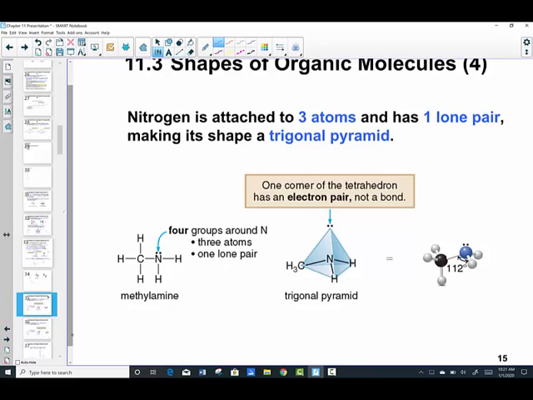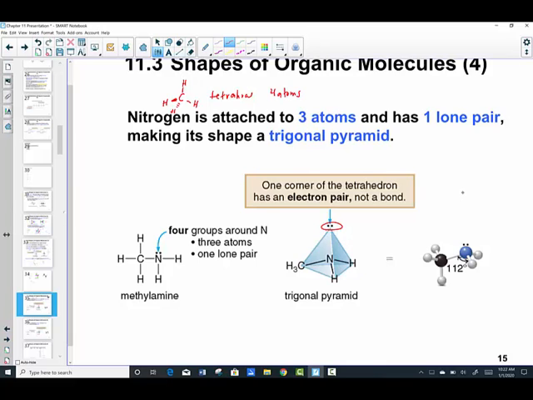Now, just a moment ago, we said if all four were bonded to atoms, we had a tetrahedral shape. That tetrahedral, just to keep in mind, four atoms. Here we have four domains, but one of those is now leading to a pair of lone pair electrons. So we have a different molecular geometry.